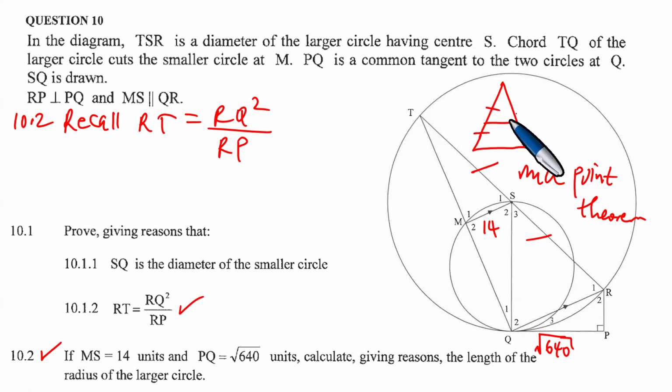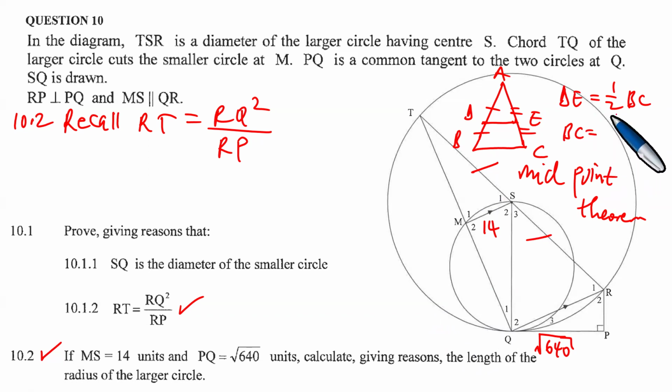It tells us that if you have the midpoint like this, and this one is A, B, C, D, E, then the length of DE is half BC. Or, if you cross multiply, BC is equal to 2 times DE.